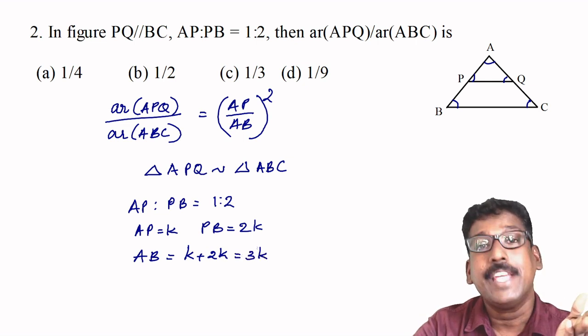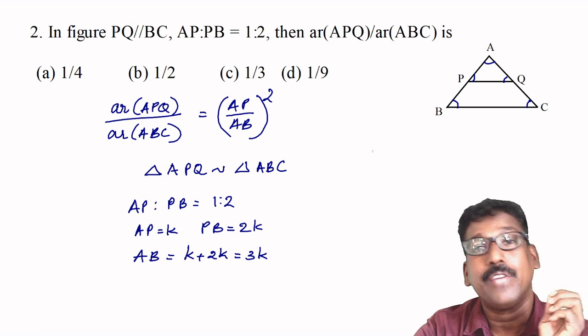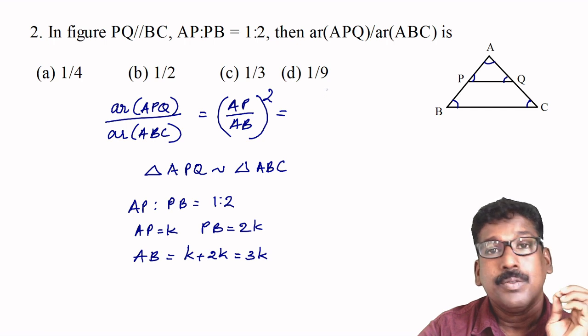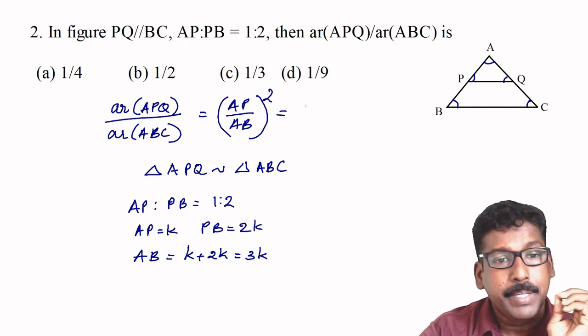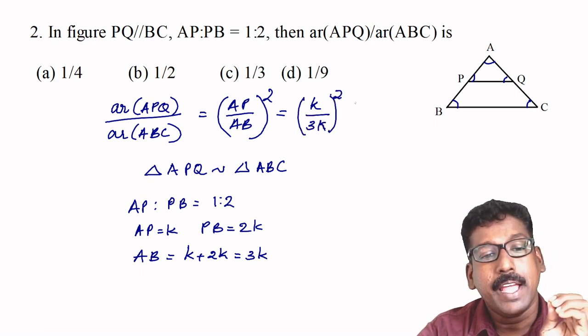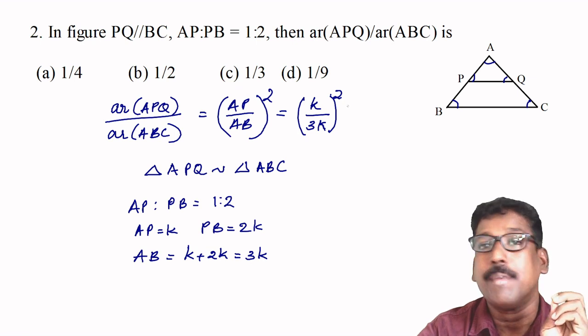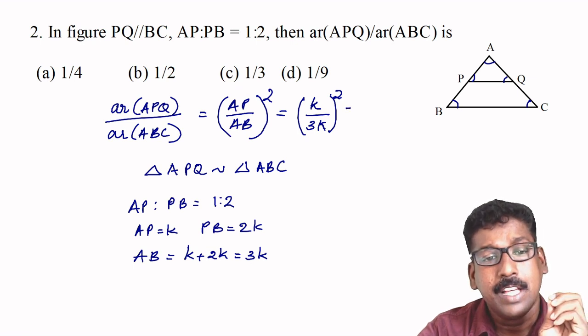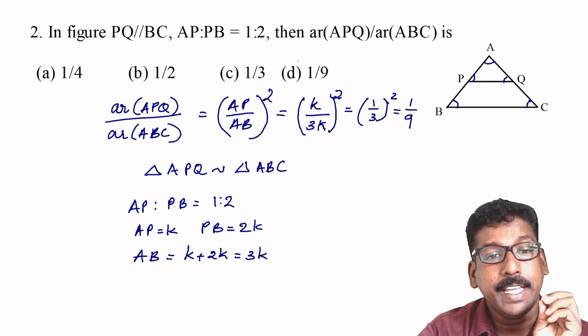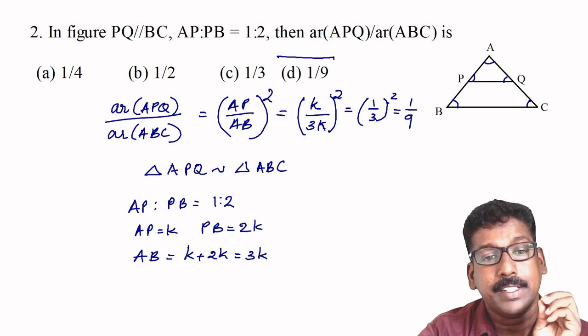Now you know that area of APQ by area of ABC is (AP by AB) whole square. AP is k and AB you got as 3k. So it is (k by 3k) whole square, k k cancel. So it is (1 by 3) whole square, which is equal to 1 by 9. Option D, 1 by 9 is the correct option.